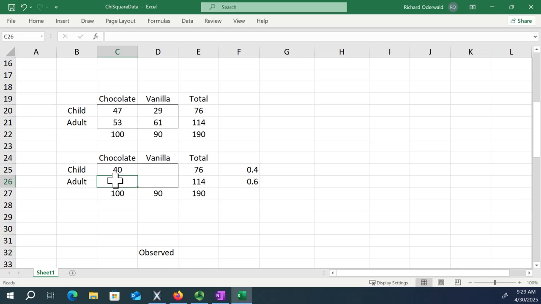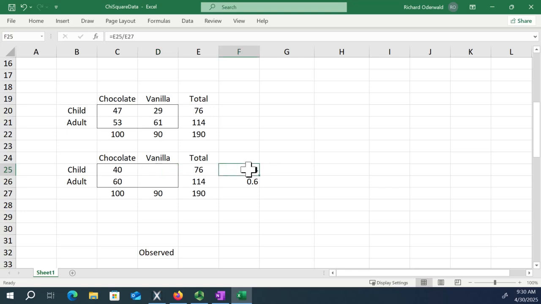How many, then, are expected to be in the adult and chocolate box, entry, cell, whatever? I've got 100 total. How many are children? 40. So how many are adults? Just exactly. Right, so these calculations are not complicated, but it's not something that is immediately obvious.